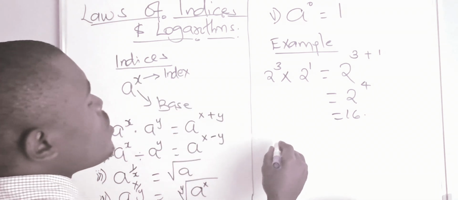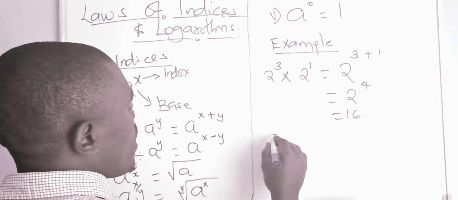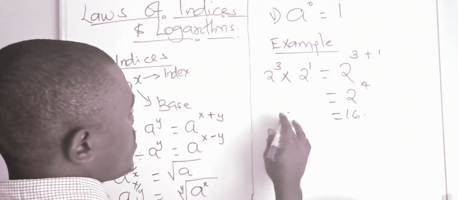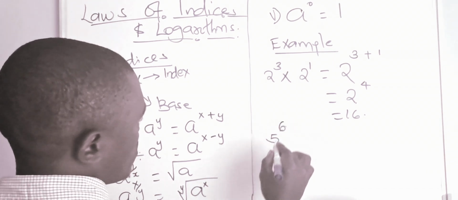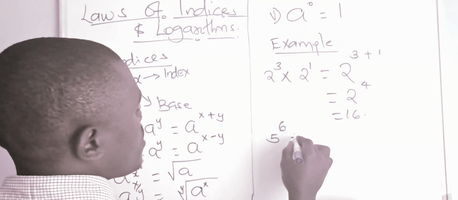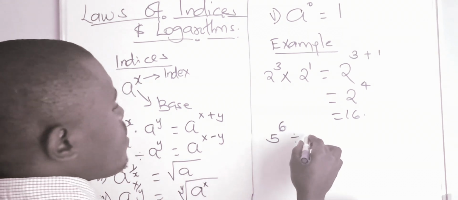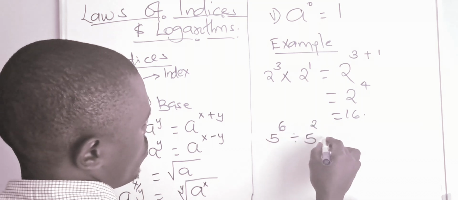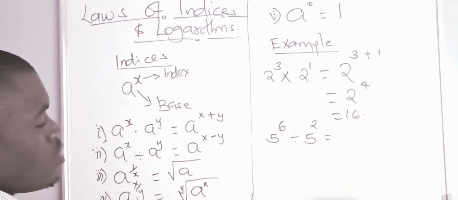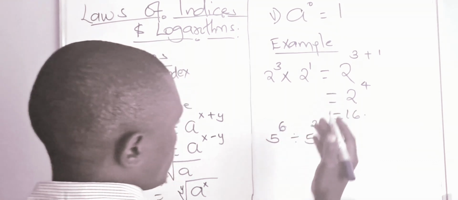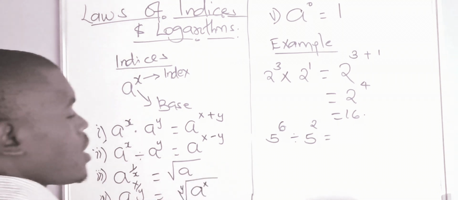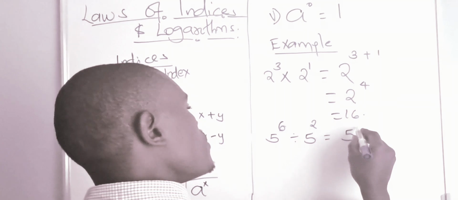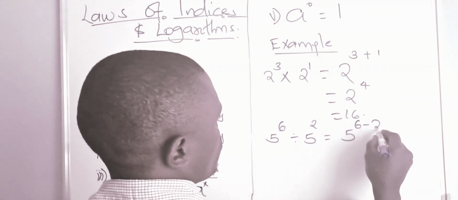Example 2, we have 5 raised to 6 divided by 5 raised to 2. Using the second law, now that the bases are the same, it is 5 raised to 6 minus 2.